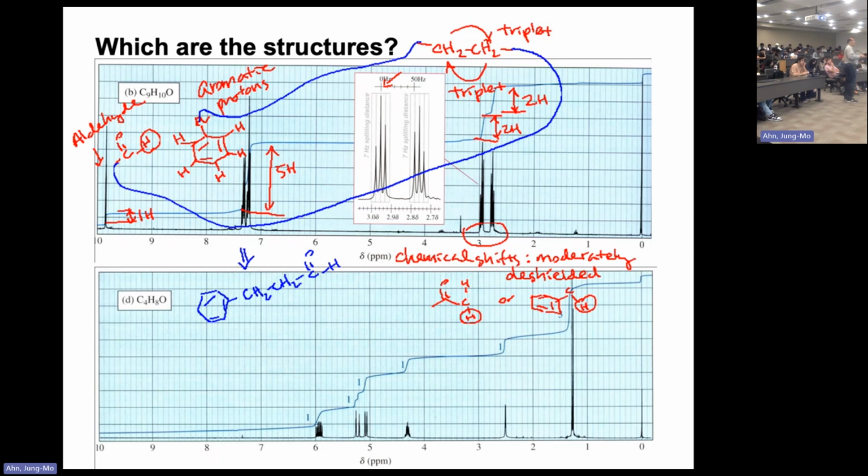And this one, by being next to the carbonyl, should be in the 2.2 region. But by being beta to the benzene, it has a little influence. So maybe that's the one coming up for that one. So anyway, chemical shift makes sense, splitting makes sense, integration makes sense. So if you check it out, then you can say, okay, this spectrum must come from this molecule. That is a task that you need to do.